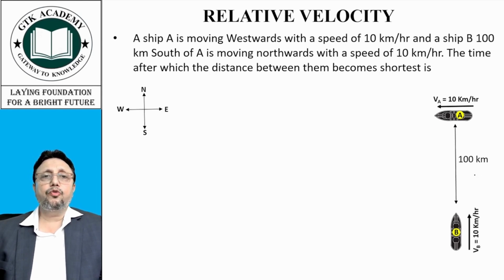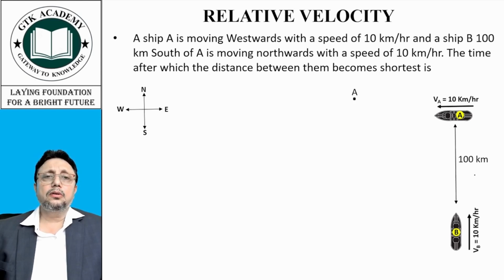Now you have to find the time after which the distance between them will become shortest. So in this case, you have to make one the observer and move the other with relative velocity, and on that trajectory you drop a perpendicular from the observer, and then you can calculate the shortest distance and the time required.